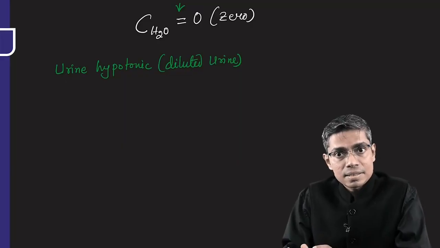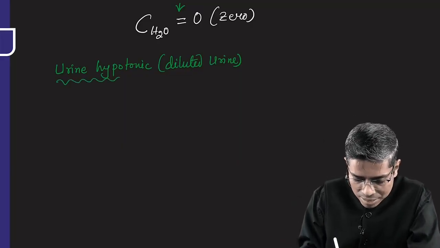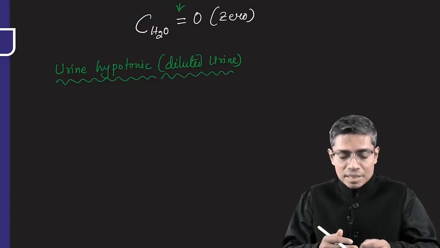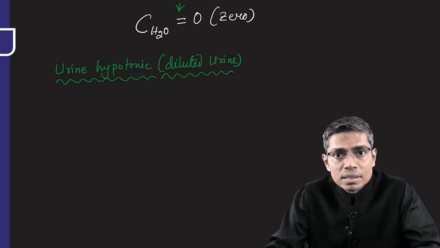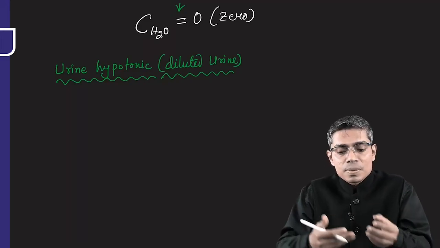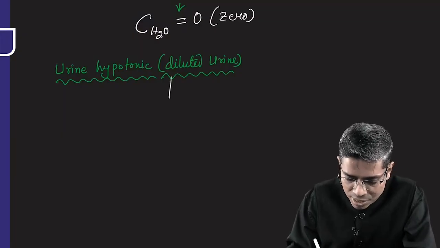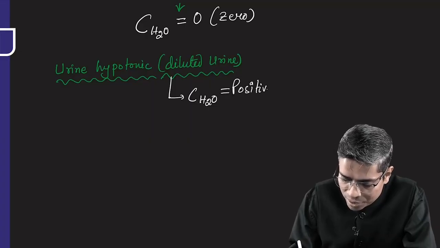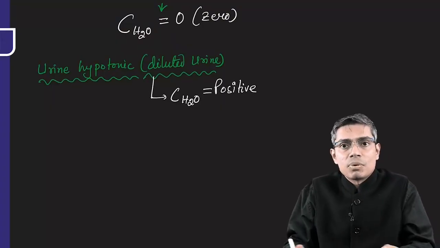It can excrete in the isotonic state also. But here, urine is hypotonic, meaning dilute urine is produced by the body. So from the body, there is extra loss of water in the urine. So free water is present in the urine. This is the condition when we say that free water clearance is positive. CH2O is positive. Urine is excreting extra water, free water.